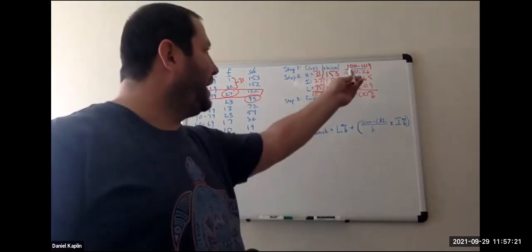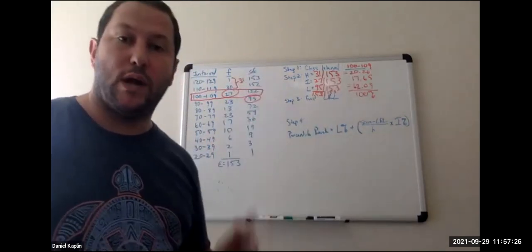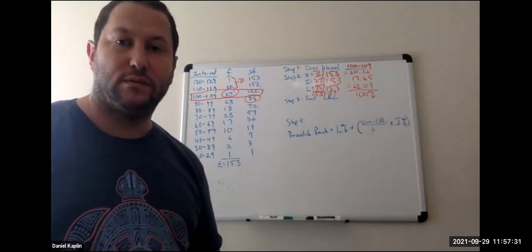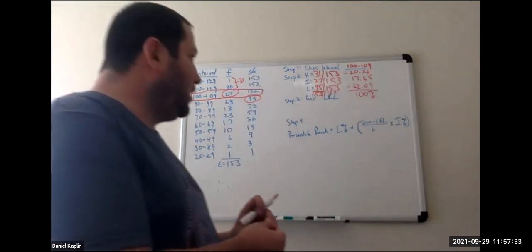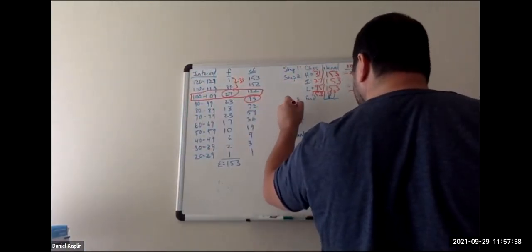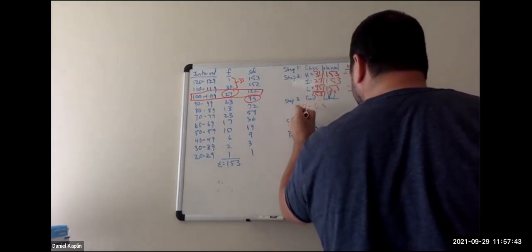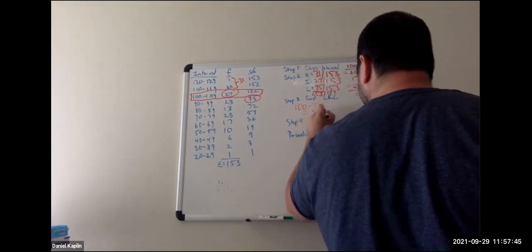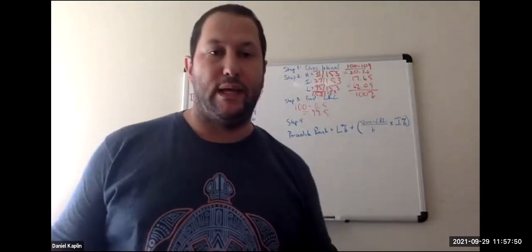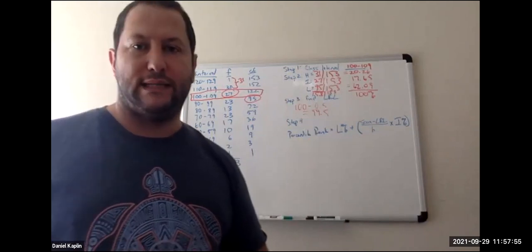My class interval was 100 to 109. What's the smallest number in that range of scores? 100, right? So to get the lower real limit, I take that 100 and subtract 0.5, which gives me 99.5. In general, the lower real limit is 0.5 below whatever your class interval starts at.